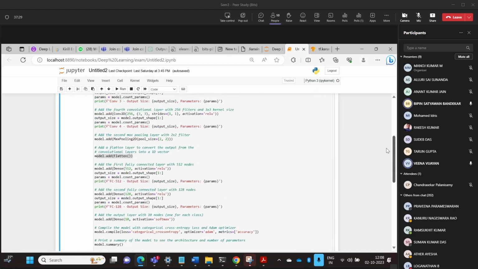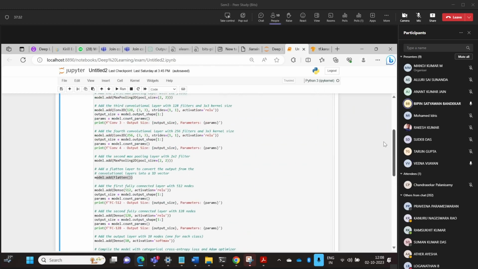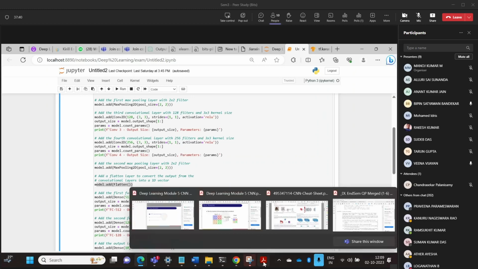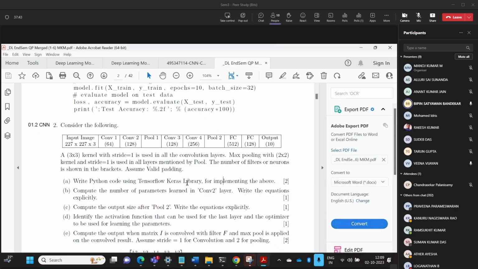They have given stride 1 in the question. But by default, where is max pooling? 2 by 2, what is the stride?